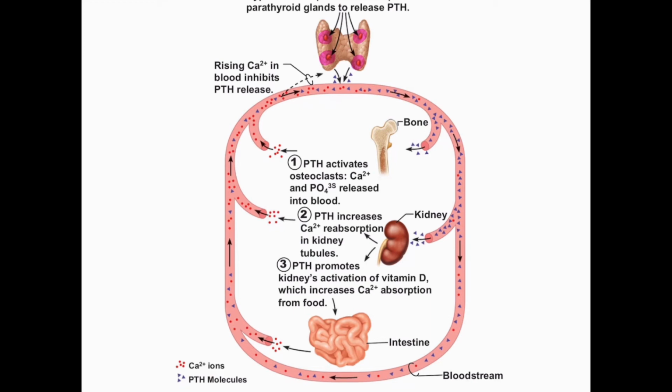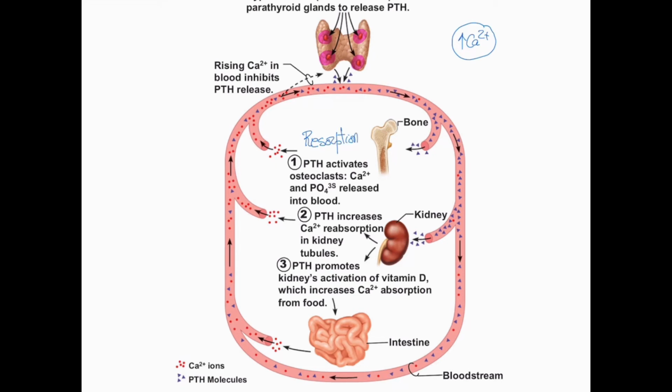The main function of the PTH is to increase the blood calcium level. PTH increases the blood calcium level by 3 major mechanisms. First one is the resorption of the bone.